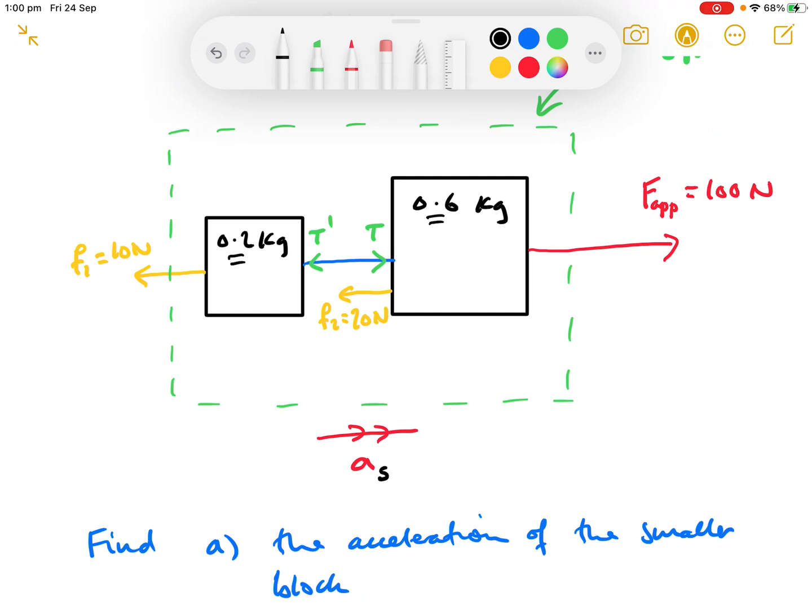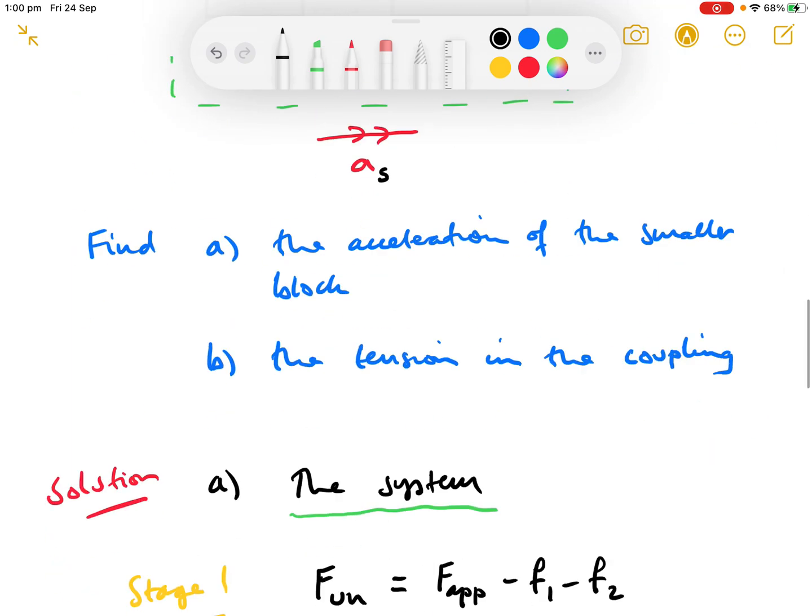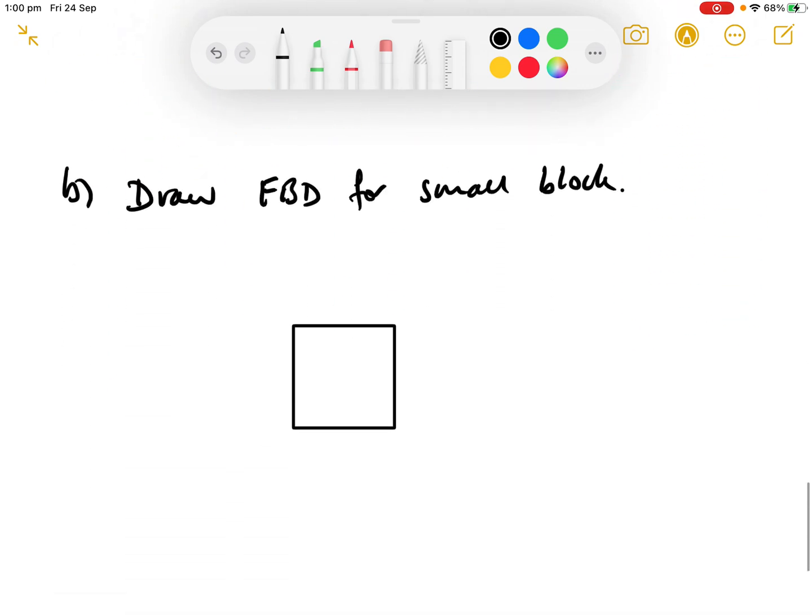Well, if you look carefully, there are only two forces acting on the 0.2 kilogram block. There's the tension force T to the right, and there's the frictional force F1, 10 newtons, to the left. Remember, T dash is acting on the 0.6 kilogram block, not on the 0.2, so we don't show that. And the 20 newton friction is on this 0.6 as well.